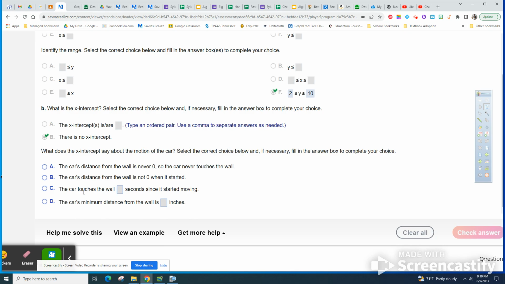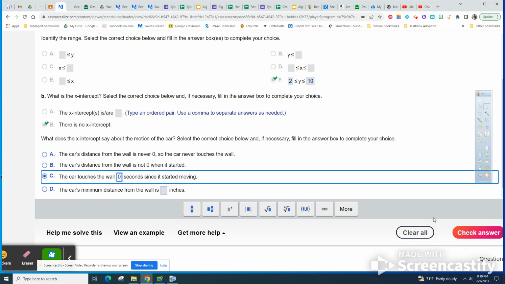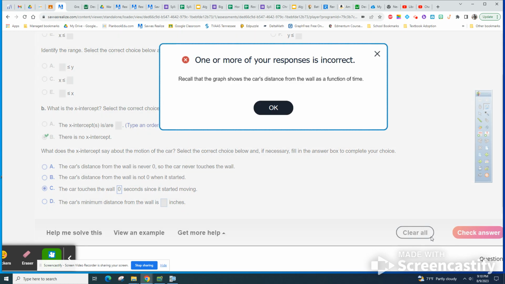So I'm going to say the wall 0 seconds. Touches the wall 0 seconds since it started moving, and once it started moving, never touched it. Weird. So let's give it a 0 and see what it thinks. No.